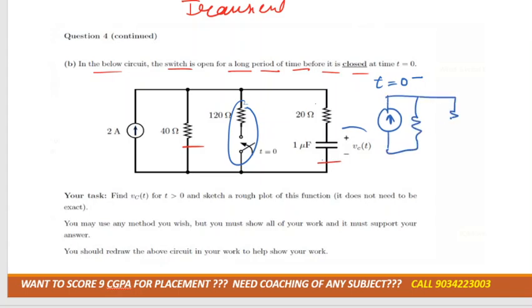If there is no current flowing across this, then it is not necessary to make the diagram, right? And as I told you, capacitor would be open circuit, right? So this would be A, this would be B. So ultimately you need to calculate Vc of 0 minus, that would be equal to VAB, right? VAB is how much?